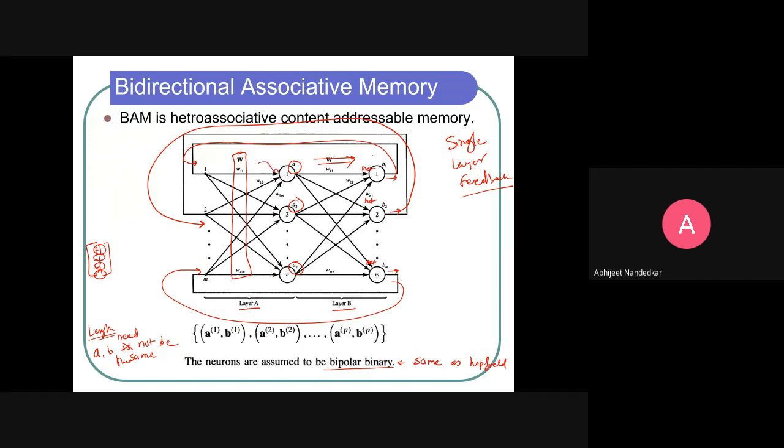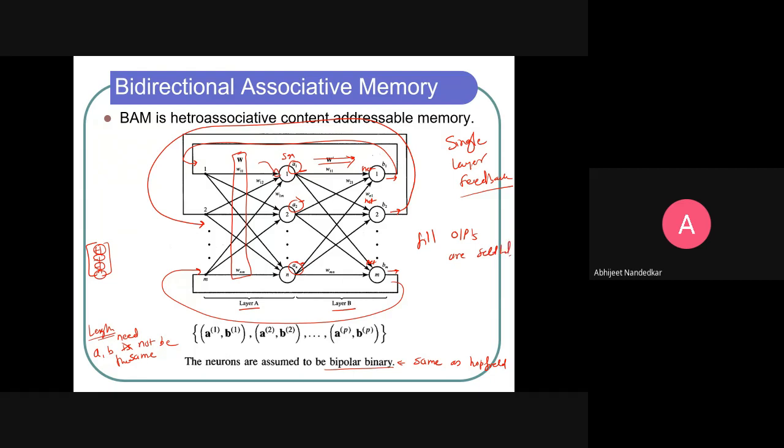Net is computed here and again it is passed through the sign function or activation function of this layer. So again a new A is computed and the procedure is repeated till outputs are settled.